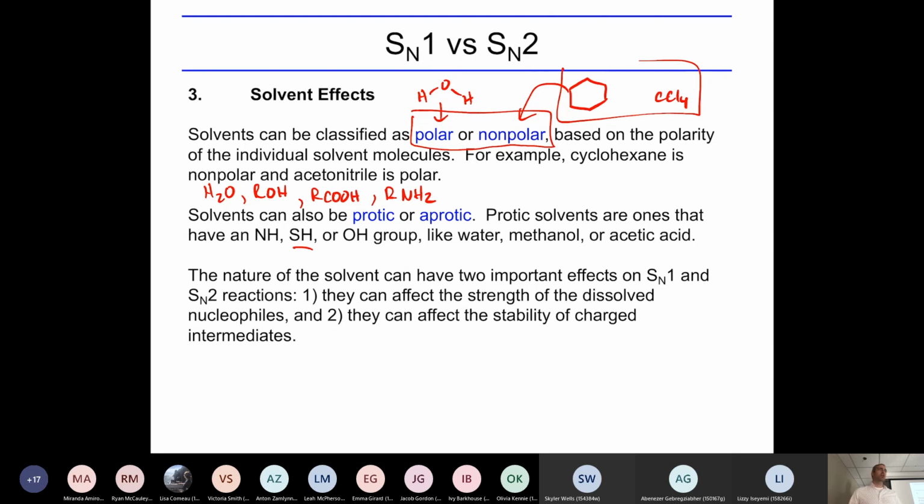It's got no proton that can come off and on easily. So what would be an example of an aprotic solvent? Something like this molecule. What molecule is that? Anyone recognize the name of that one?